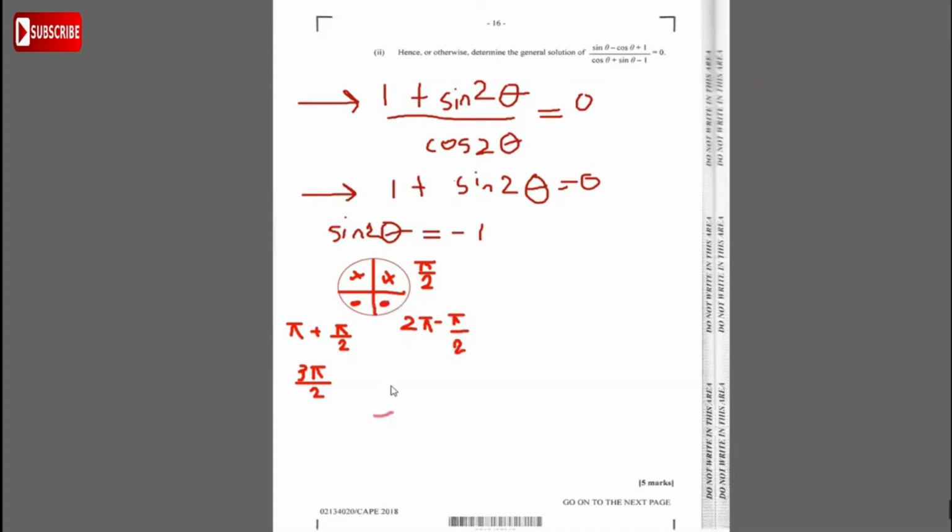So the general solution is going to be equal to 3 pi by 2 plus 2n pi, where n is the number of times you go around the circle. So that's the general solution. Nice and easy, soft. Easy 5 marks.